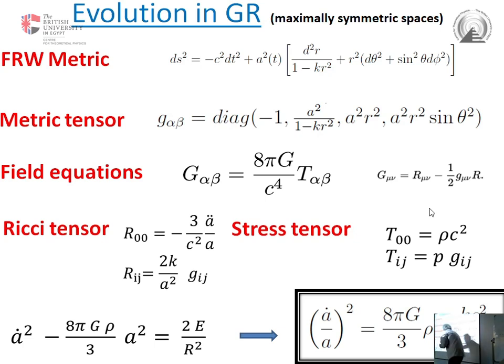Okay, so I find out that my Newtonian equation becomes that. So this constant is related to the curvature of the universe. And you can also get the acceleration equation from GR. I didn't write it here because it would be too many equations. And from the divergence of the stress tensor, you can get the third one that we did from the first law of thermodynamics.